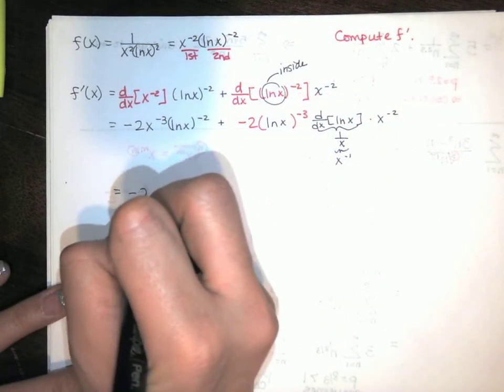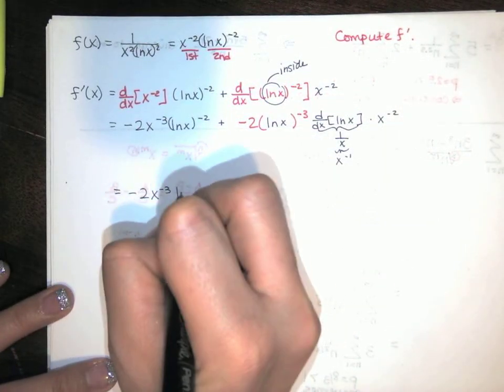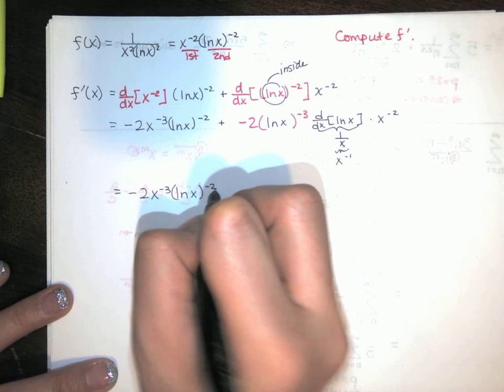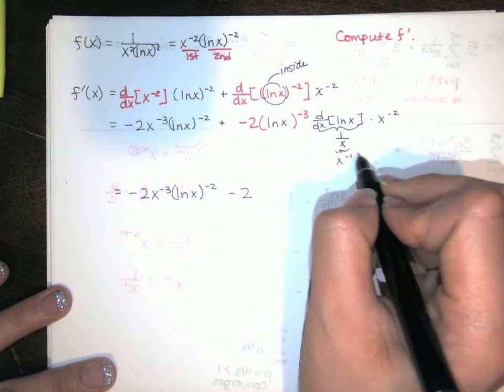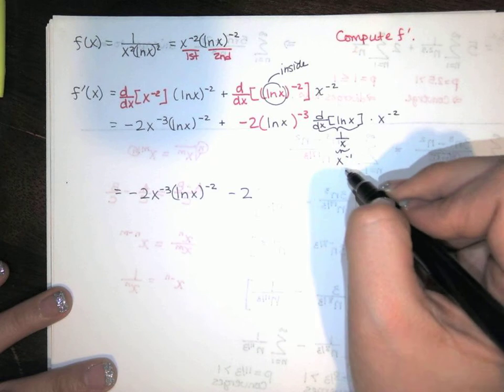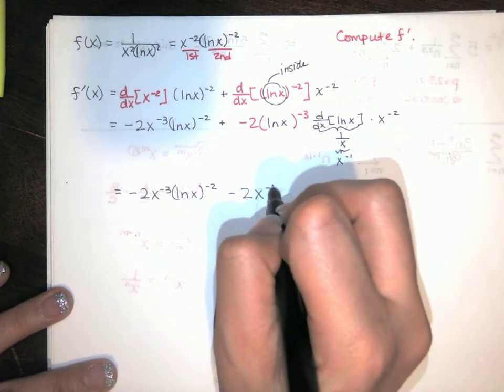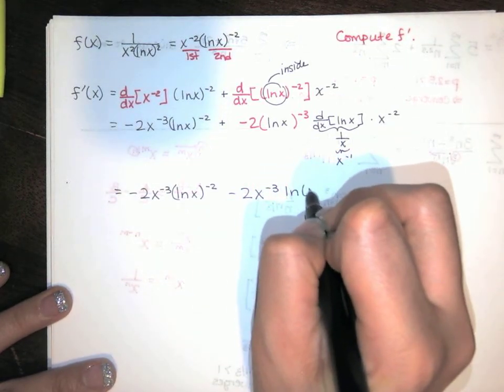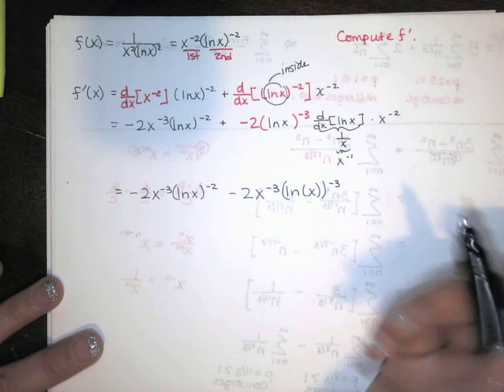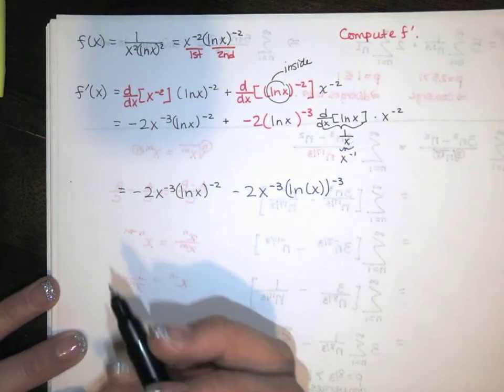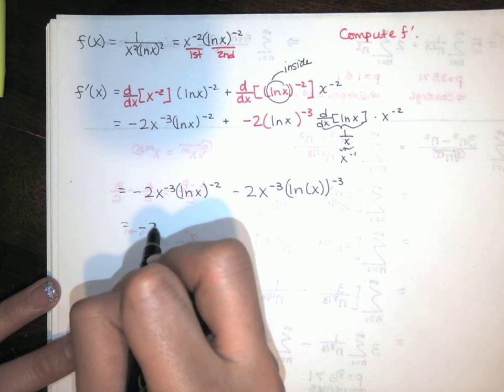So we've got negative 2 x to the negative 3 times natural log of x to the negative 2. I have minus 2 x to the negative 1 times x to the negative 2. We add the exponents. That's another x to the negative 3 times natural log of x to the negative 3. Okay, these guys have a lot in common. They have the negative 2 in common.